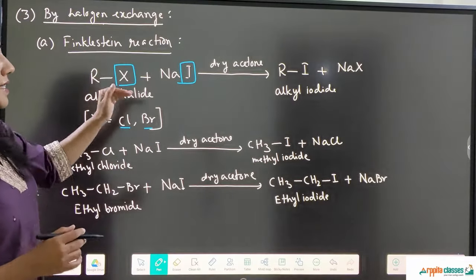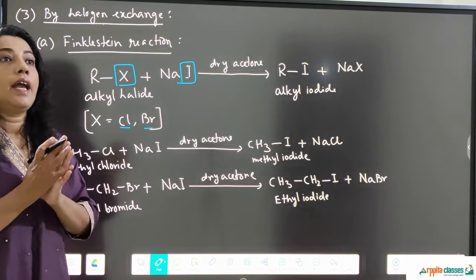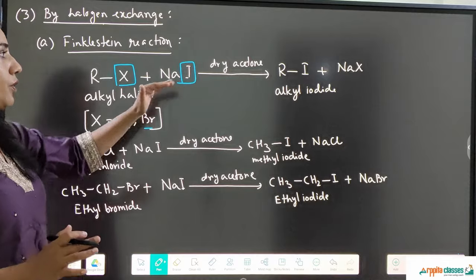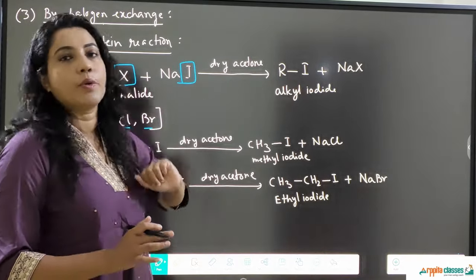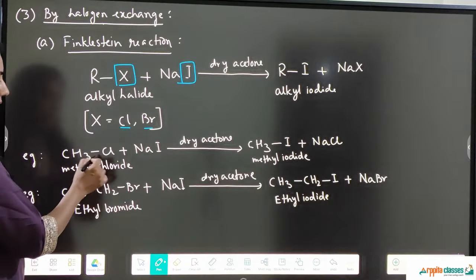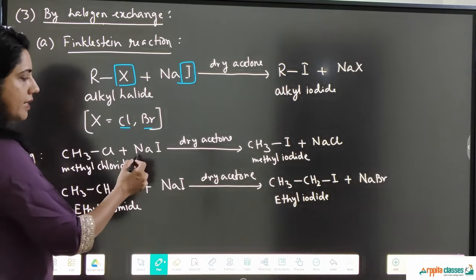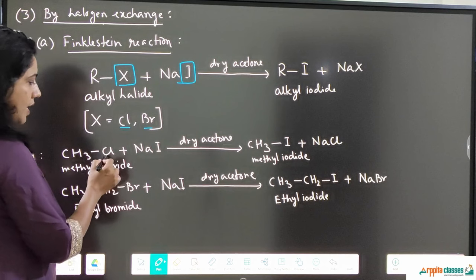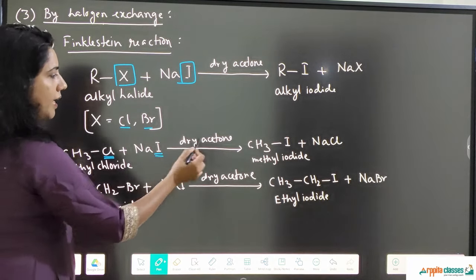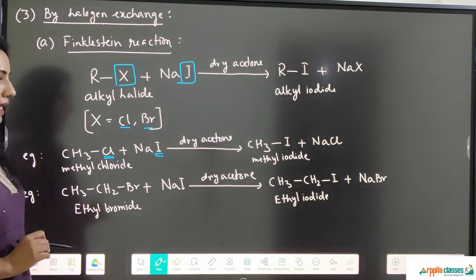This reaction is exclusively for the preparation of alkyl iodide. Here I have taken CH3Cl, methyl chloride, treated with NaI in dry acetone. Cl is substituted by I, so you get CH3I plus NaCl.